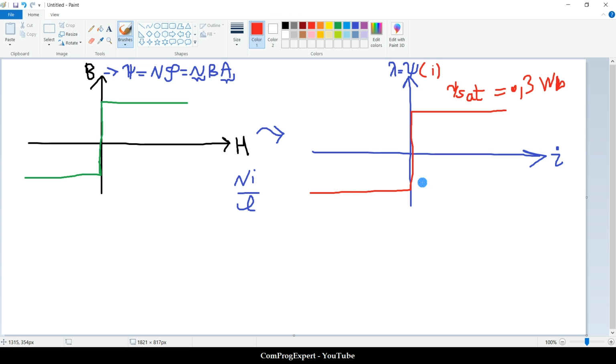But is this a one-to-one function? No. Because for this case, if we intersect this region with this line, we have infinite points. So how can we change this function to a one-to-one function?